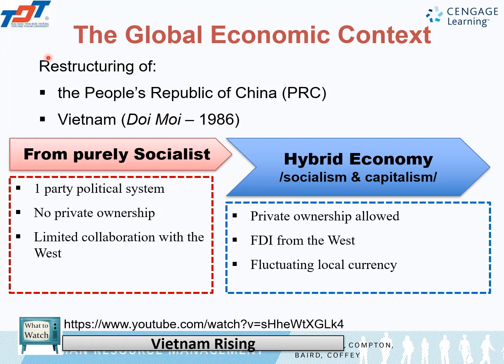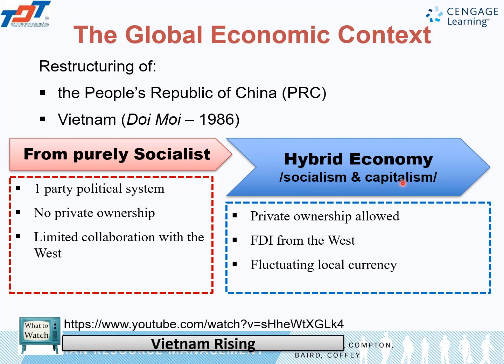Now, since the restructuring, which started around the end of last century, these two economies from socialist have become some sort of hybrid economies. So what does that really mean? A hybrid economy is an economy that actually has some socialism, some aspects that are particularly socialist based, and also some aspects that are capitalist based.